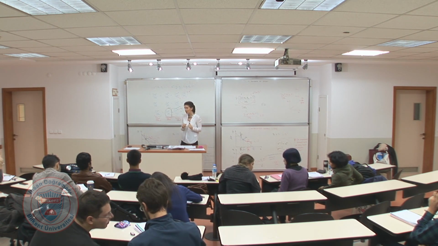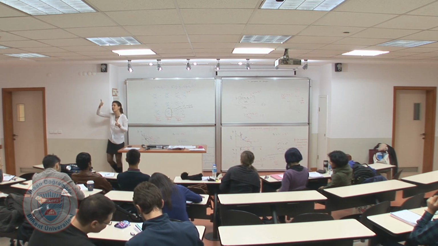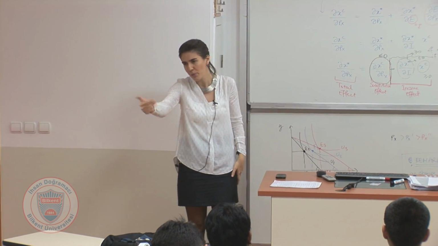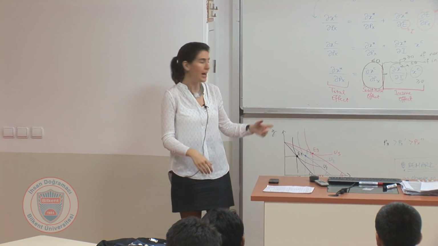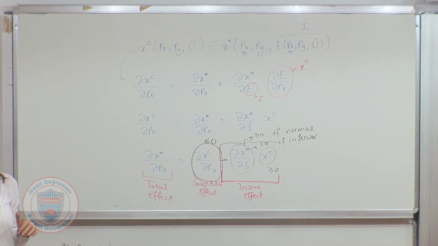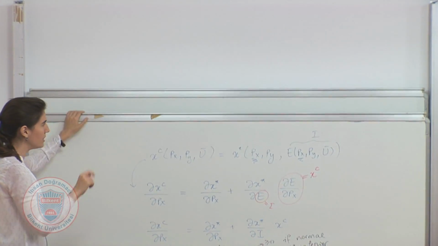Yes, exactly. Okay? So because it's basically what we mean by when you increase the price, how much you're going to change your consumption. So that's the slope of that demand curve, and the total effect is going to be the same, okay? How you would move when Px changes, so it's basically this. You see, it's the slope.